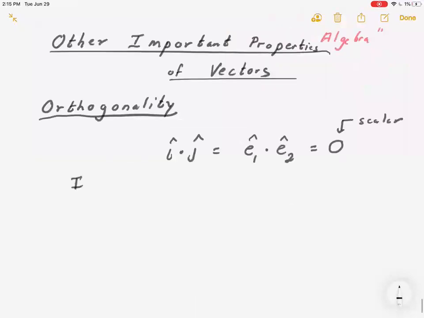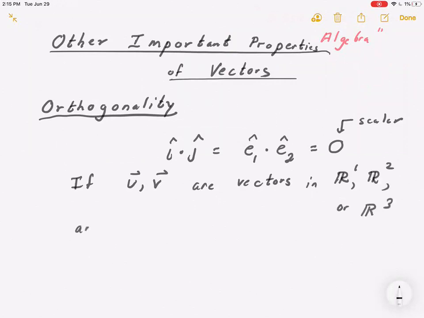So if you have vectors u and v, either in 1 dimension or 2 dimensions or 3 dimensions, and if the dot product of u with v is 0, but as we saw before, that's the same thing if you look at these vectors as matrices, as this, which is equal to the 0 matrix, which is just a scalar.